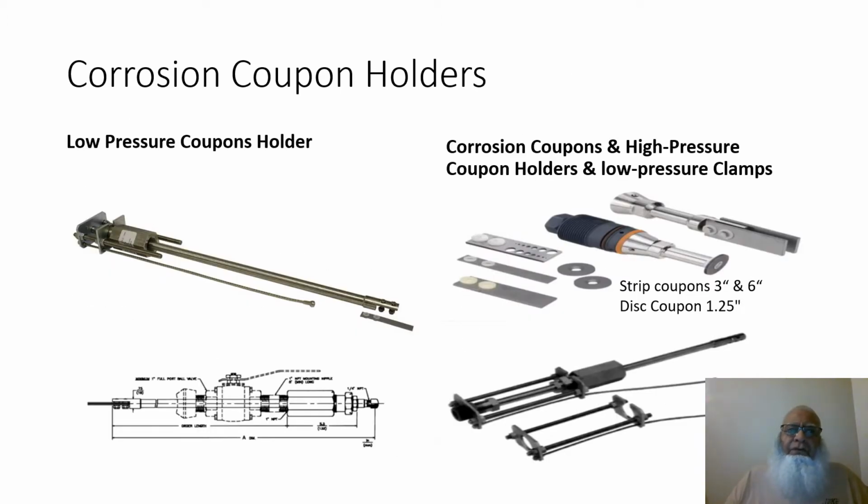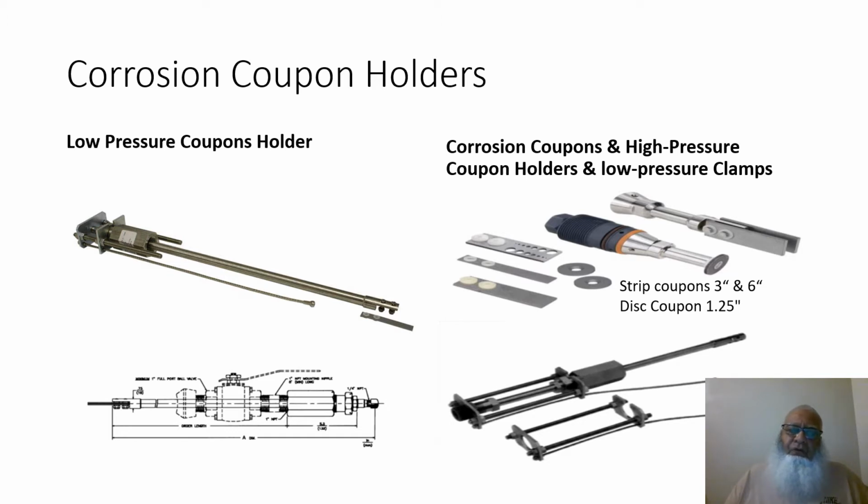This slide shows the shape and type of the corrosion coupon holders. On the left is the low pressure coupon holder. On the right is the high pressure coupon holder with the different types of coupons as well as the scale coupons and the disc coupons.